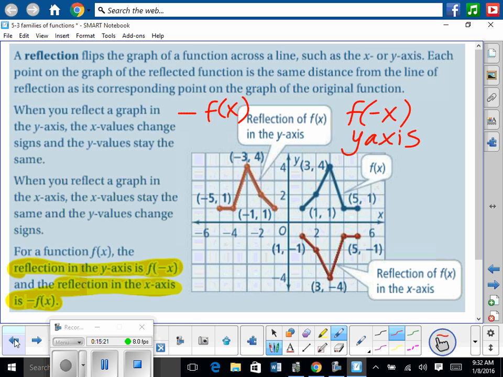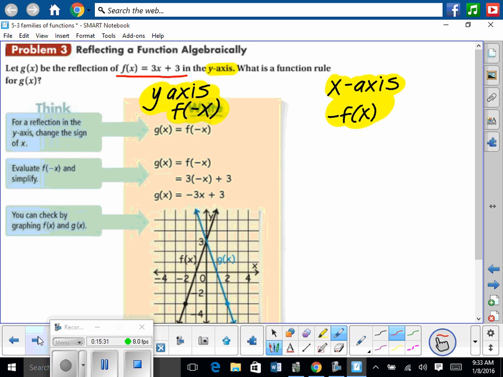Oh no, I just wrote, sorry. Reflection on the y-axis is f of negative x, which is what I did. Okay. Just making sure I didn't say something wrong. What am I missing here? Sorry, this is right here.